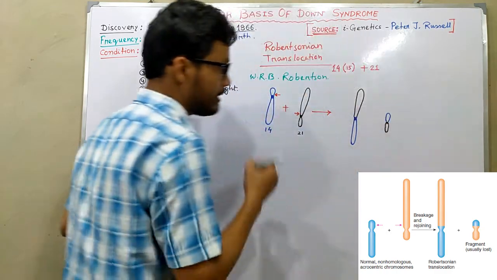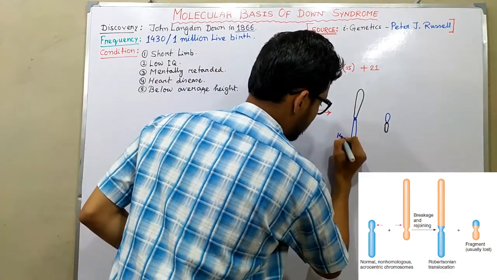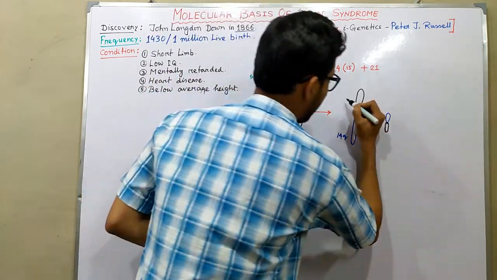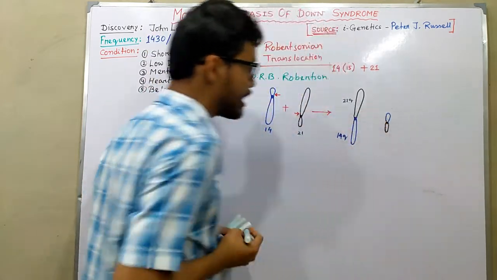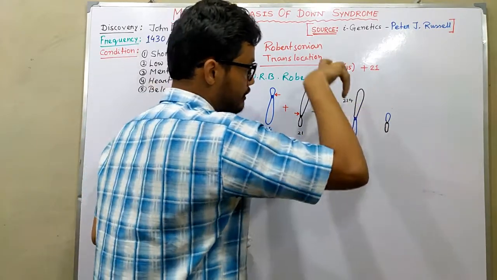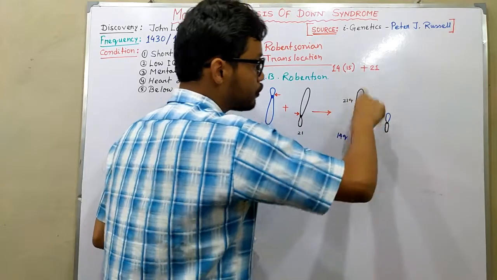So 14q, the long arm of chromosome 14, and 21q, the long arm of 21, attach with each other and produce the chromosome with both long arms.